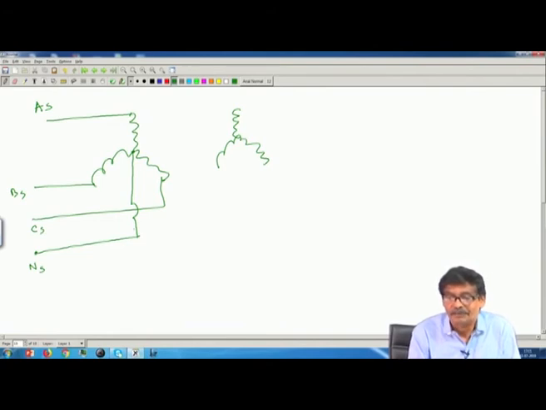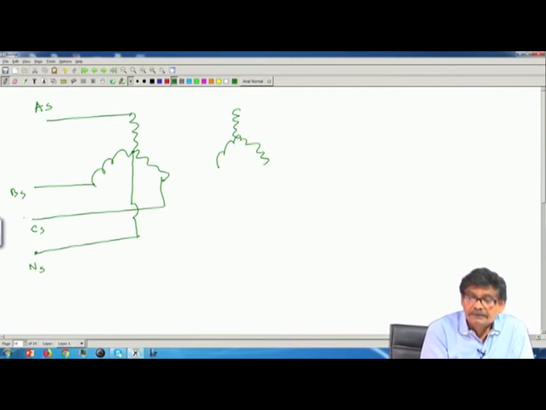This connection is slightly different from the other: balanced 3 phase voltage to this and also the neutral to this. Supply voltage is a balanced 3 phase voltage.